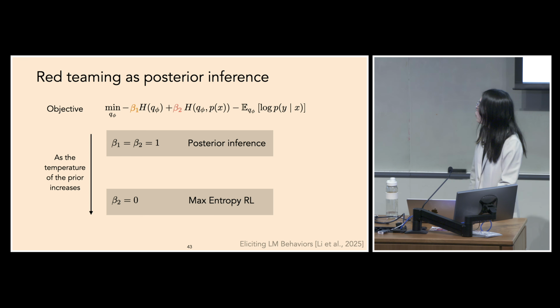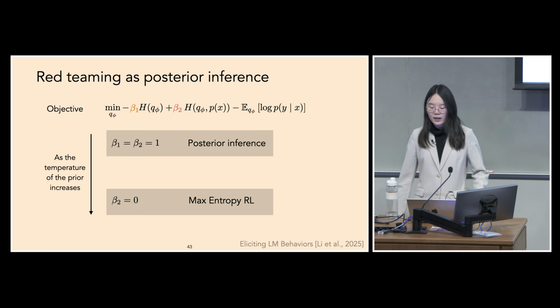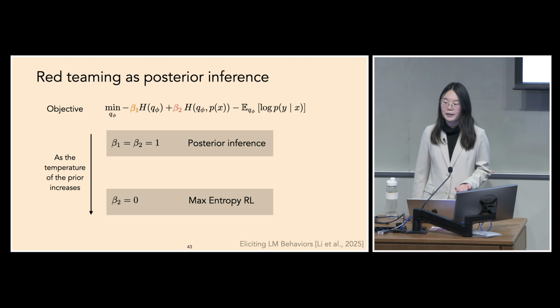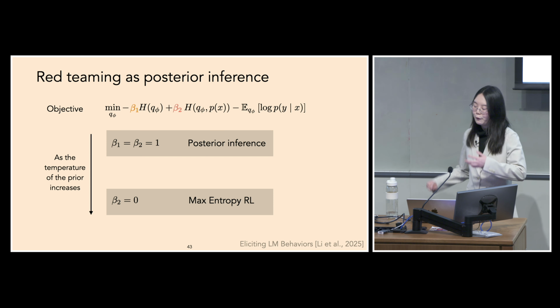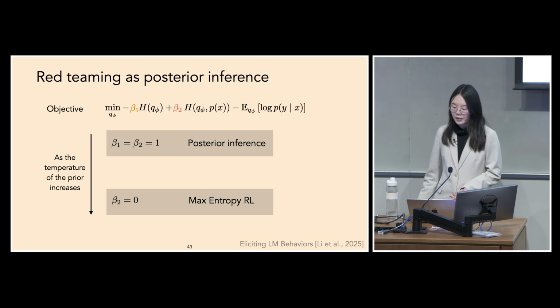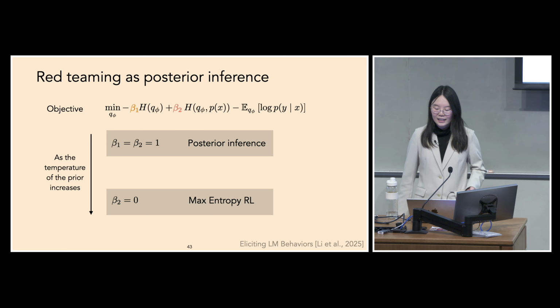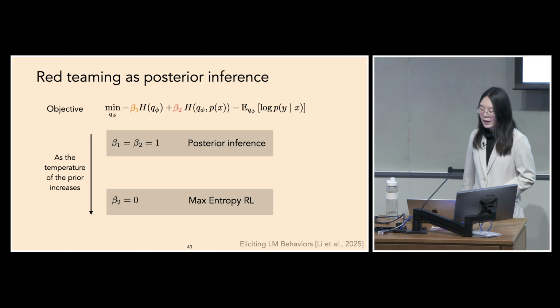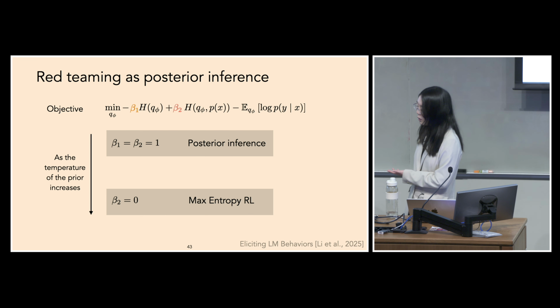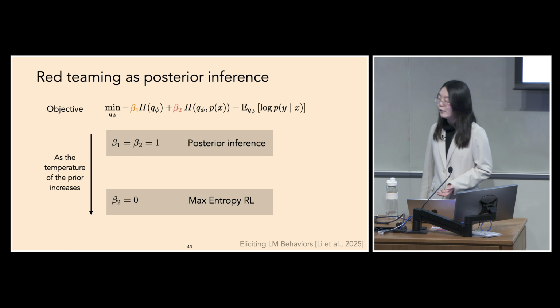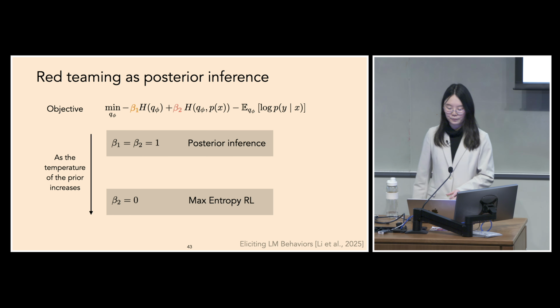So when we set beta 1 and beta 2 to 1, we are in the exact setting of posterior inference. As we feel more and more uncertain about the prior, we can consider increasing the temperature of the distribution. And if we take this to the extreme, then we will obtain beta 2 equals 0, which is the objective of maximum entropy RL.